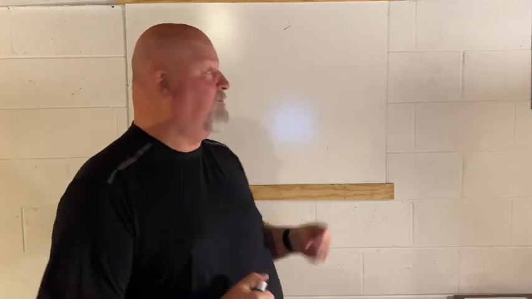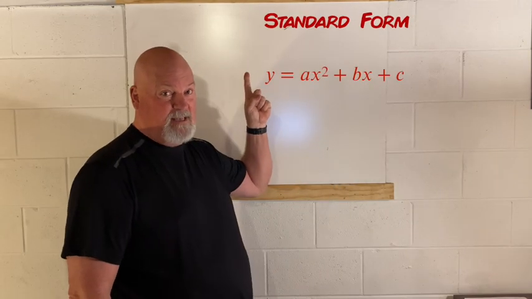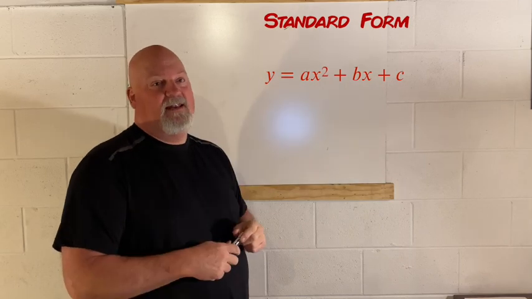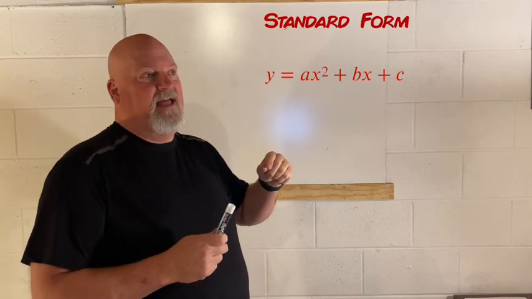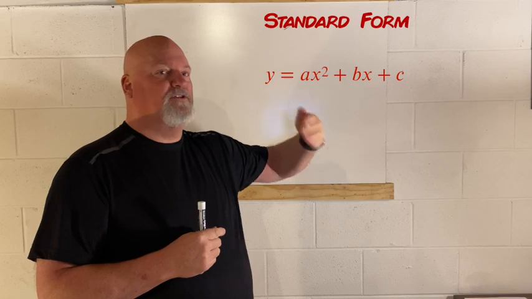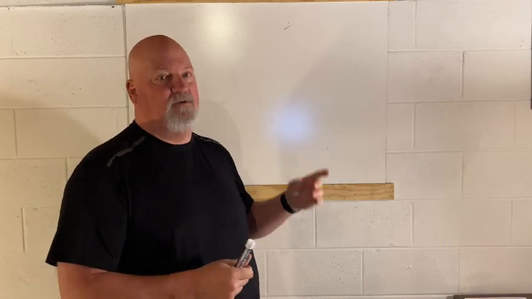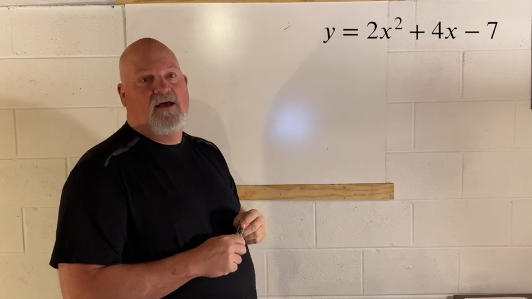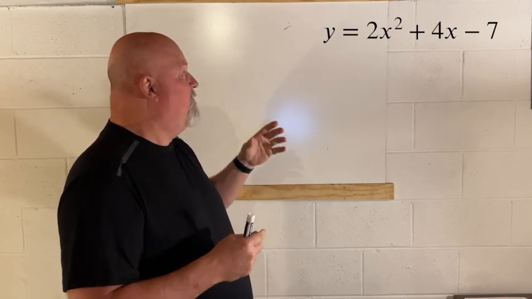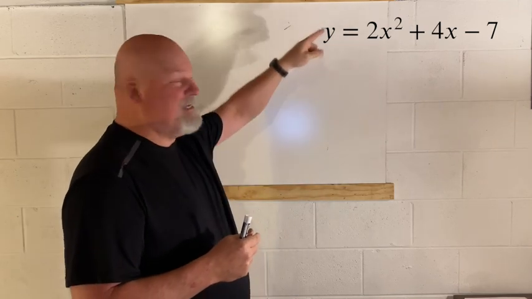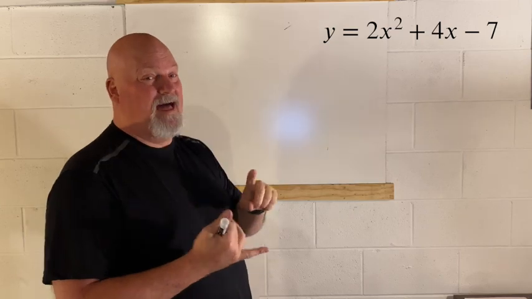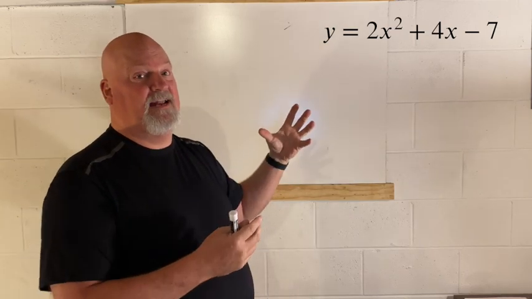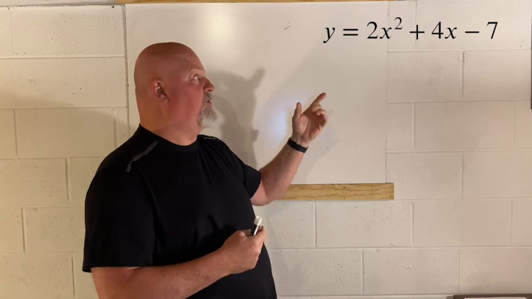Now, first things first, we've got to identify standard form. So here's standard form. This is what it looks like. With standard form, if you have all the terms there, it makes it real easy. Like this one right here: y equals 2x squared plus 4x minus 7. We need to identify A, B, and C out of all that. A is the coefficient with the quadratic term, so it's 2.